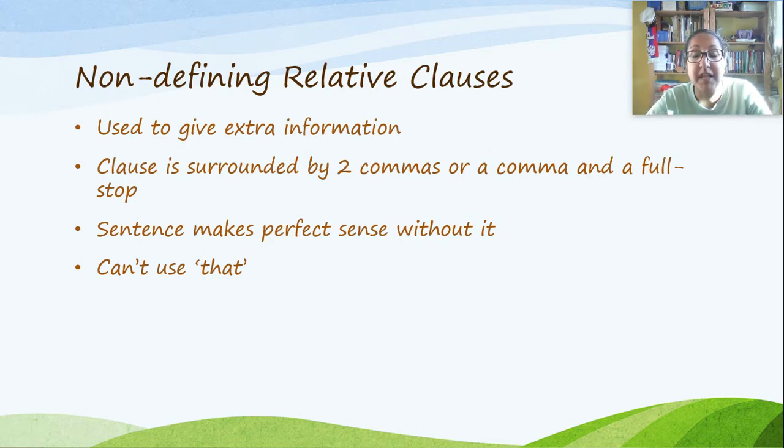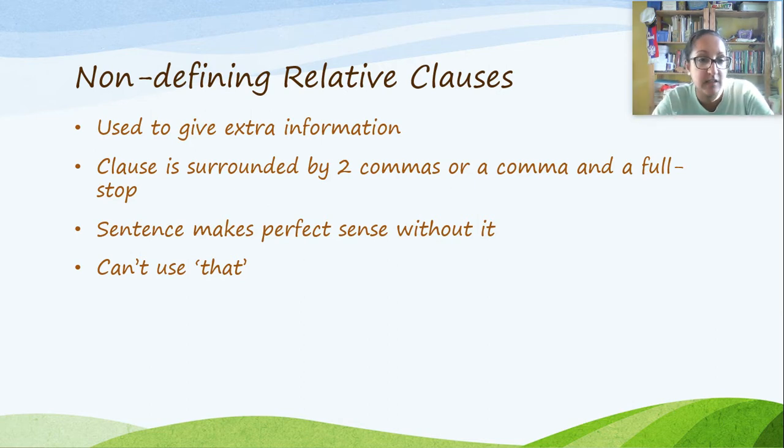The sentence makes perfect sense without the relative clause, so we can take it out and it's still very clear what we're talking about. In a non-defining relative clause, we can't use that instead of who or which.